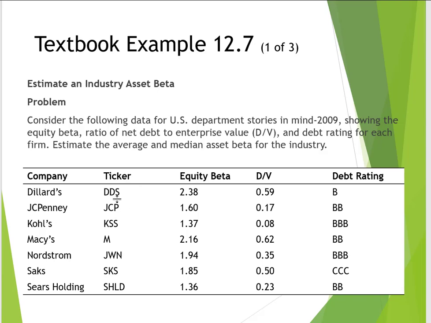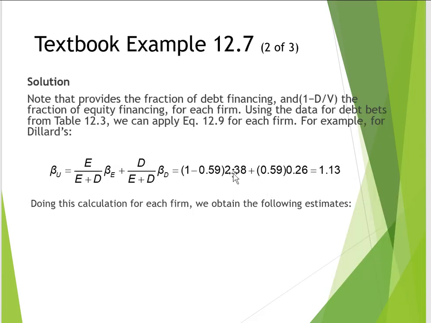So what they have here, we have the ticker, we have their equity beta, and we have their debt to value ratio, and we also have their debt ratings here. So the idea is, can we convert this equity beta to the unlevered beta, because we now know the debt to value ratio.